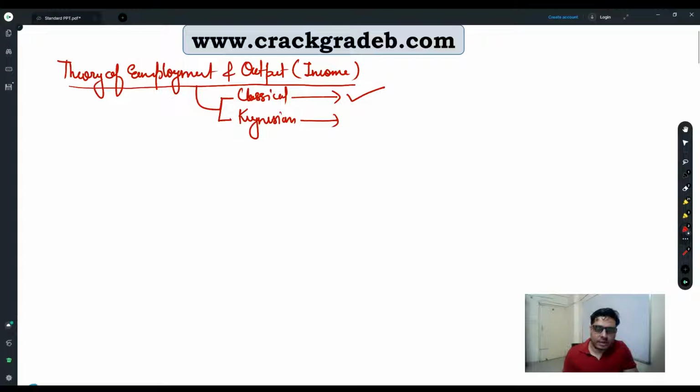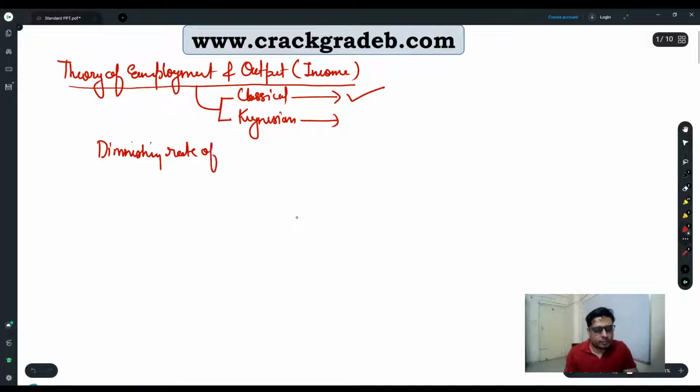It doesn't matter whether it is classical theory or any other theory, we must keep this in mind, that is diminishing rate of return, and that is basically marginal utility based. What is marginal utility?